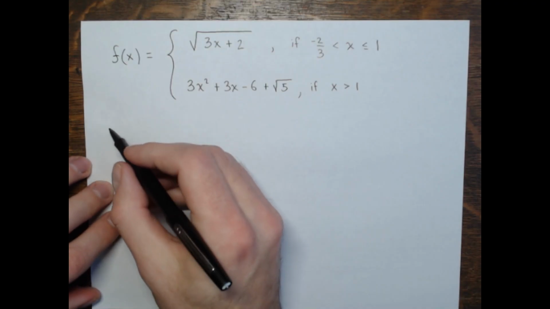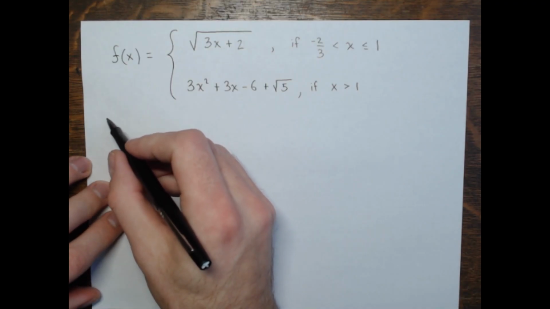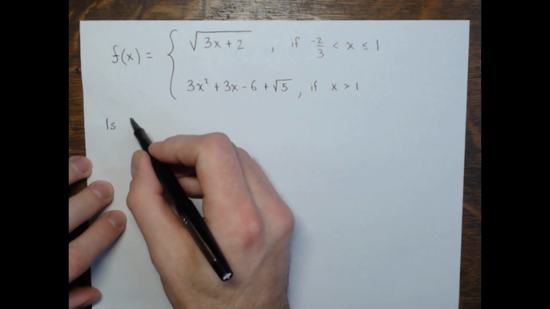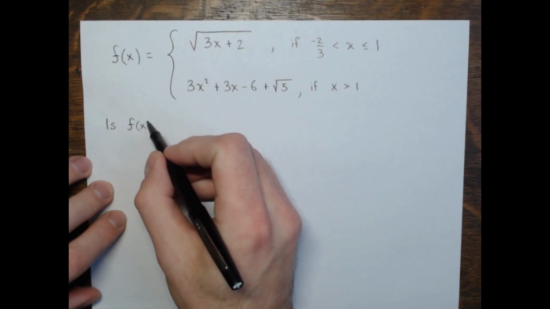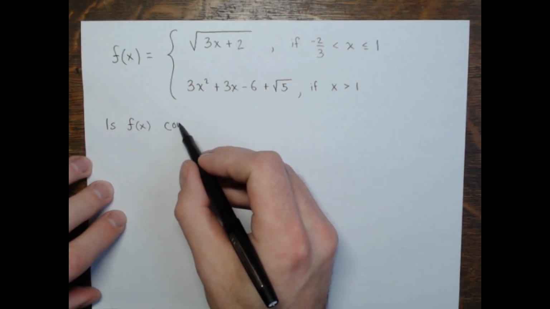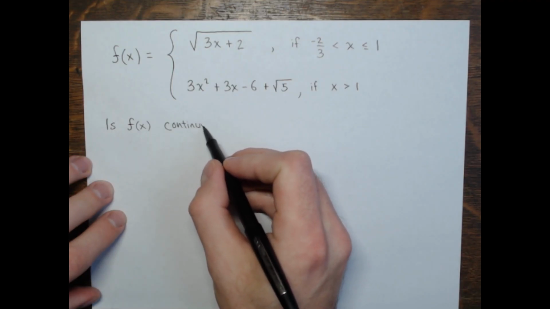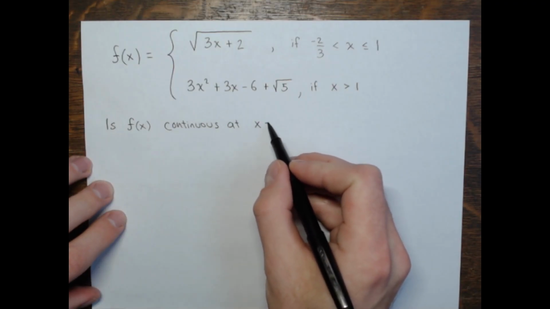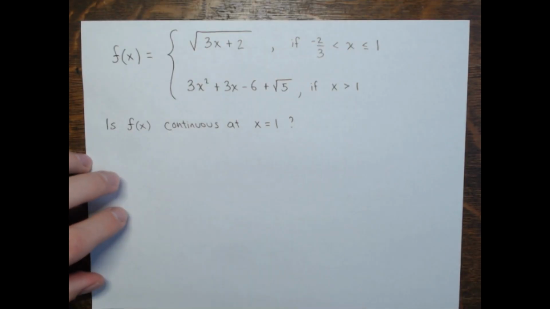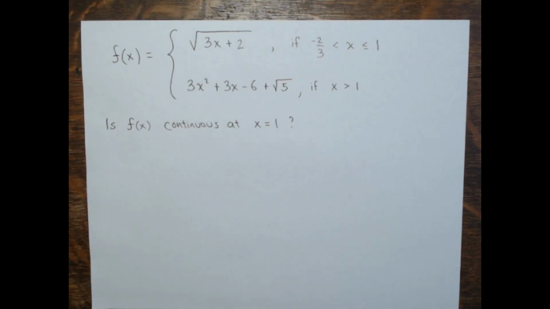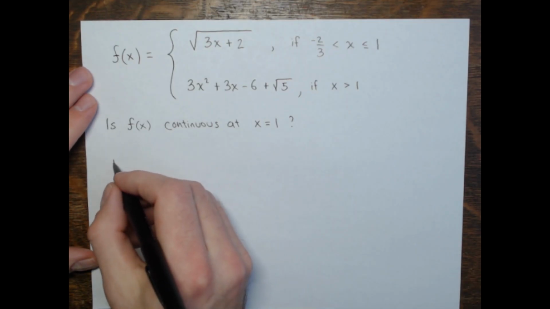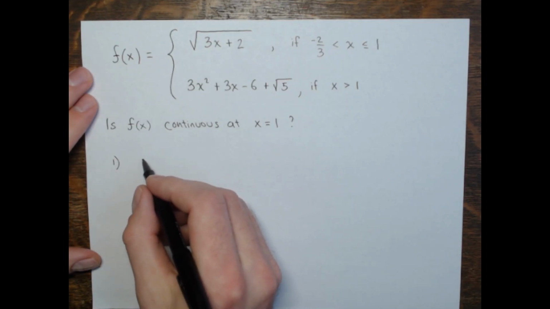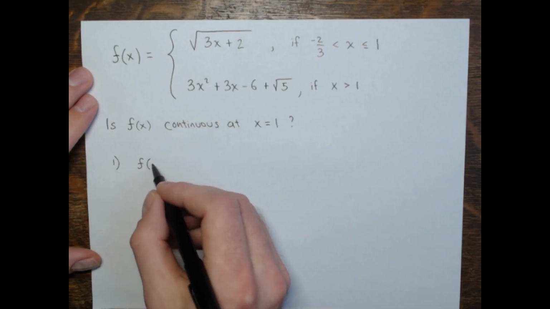So let's go through the conditions. The question is: is this function continuous at x equals 1? That's the big question being asked here. Go through all three conditions. For the first one, let's see what happens.